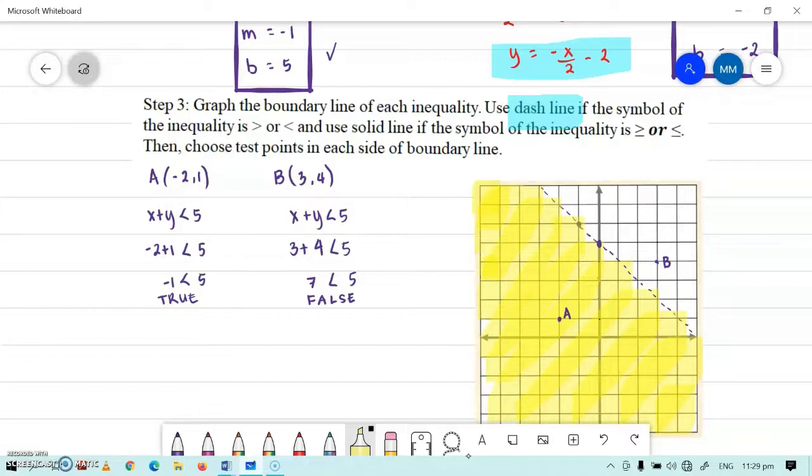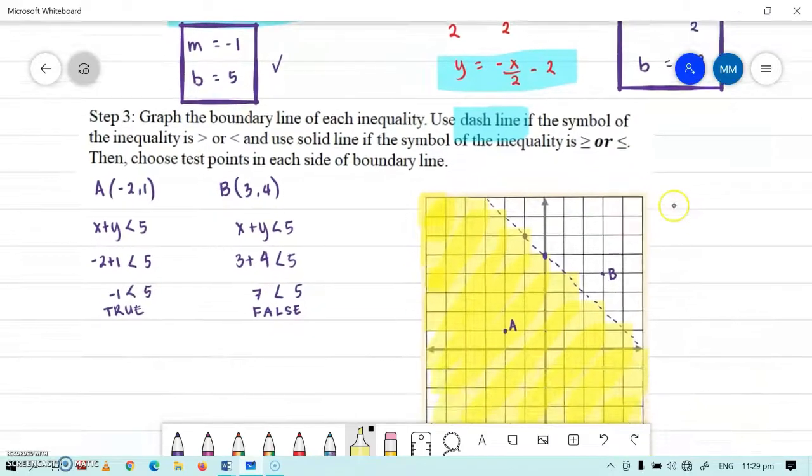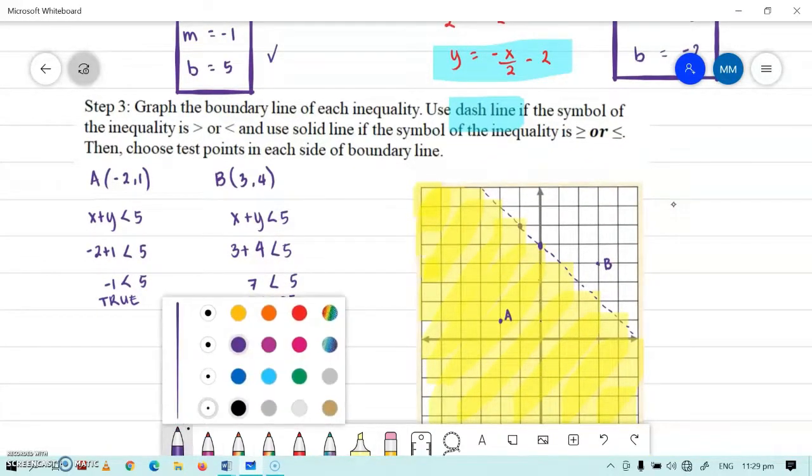Now for the second inequality, our y-intercept is negative 2. So let's find where is negative 2. So it's here.